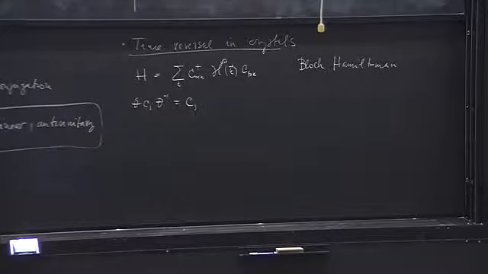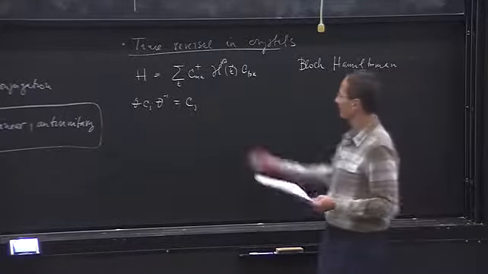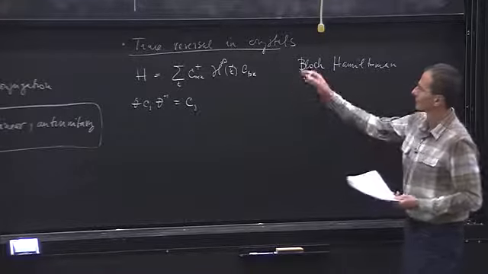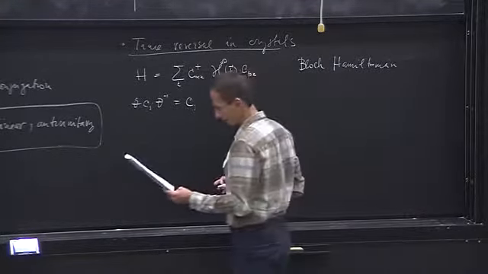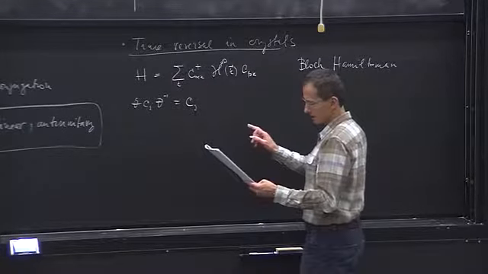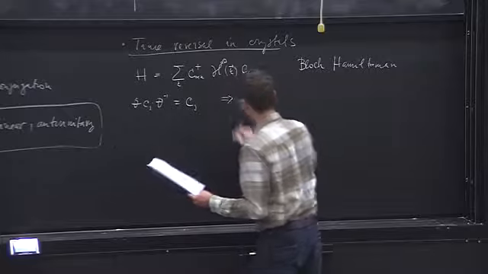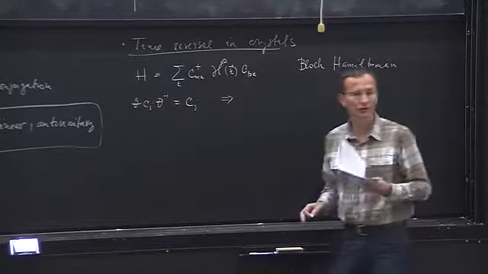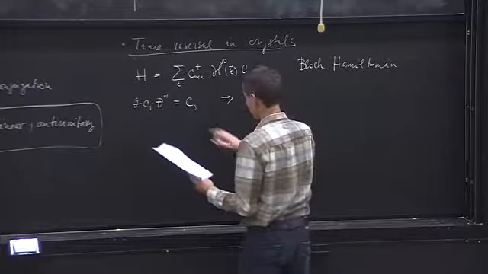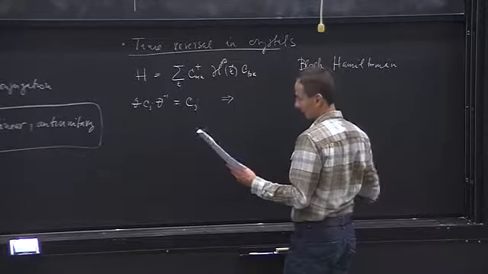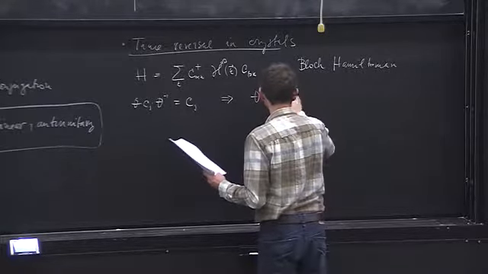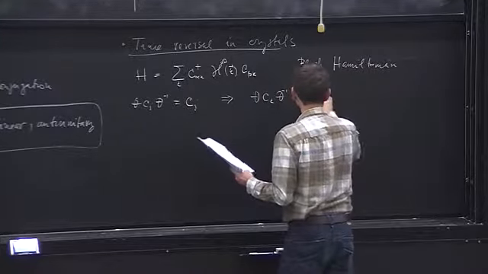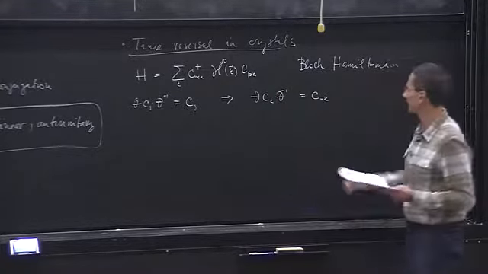Now, as far as I can tell, this is not unique. One could make a different demand, and then the physics would be the same, but the expression of the symmetry would be different. But this is the simplest requirement that one can ask. And what this then leads to, when you ask how theta acts on the momentum space annihilation operator, is that theta c_k theta minus 1 reverses the sign of the momentum.